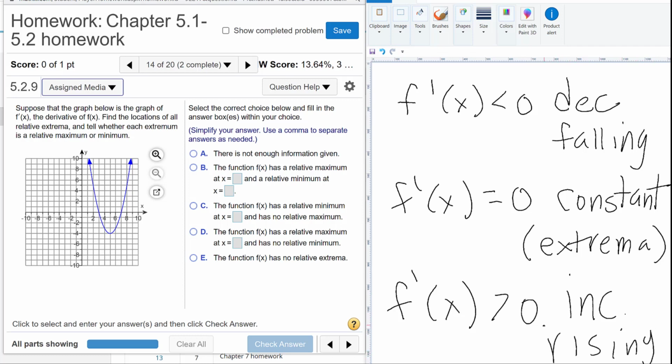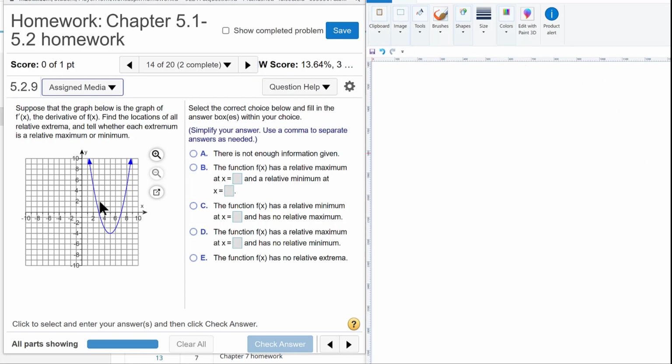So this graph tells us what's happening to the function. So let's put our values on a number line where it's 0. So here's where the derivative is 0. It's 0 at 3 and at 7. Now to the left of 3, it's a positive value.